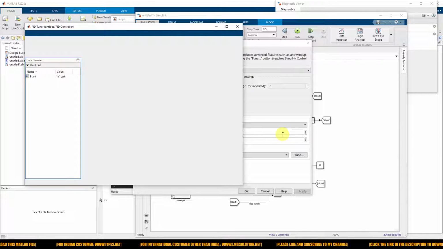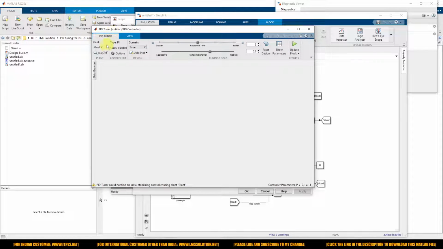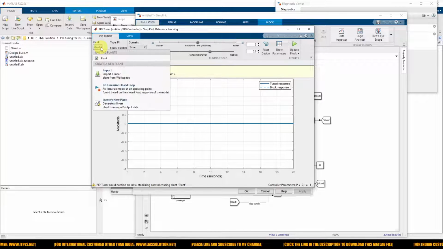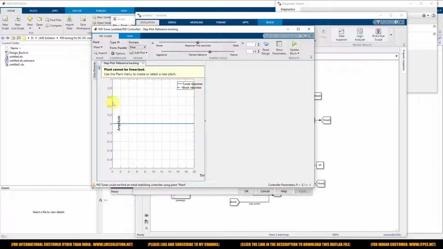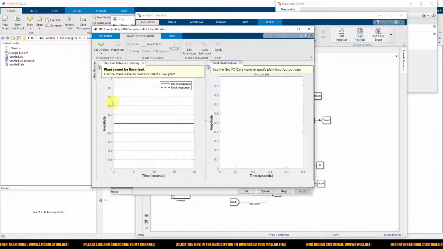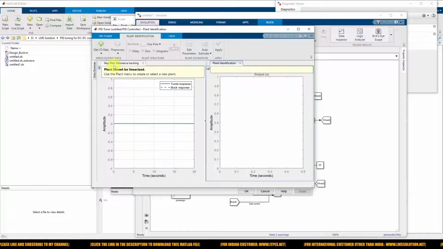After that, it will open another window. In this window, you can go to Plant, this one, and then click Identify New Plant. Here we are going to identify some data, and I'm going to use simulated data.